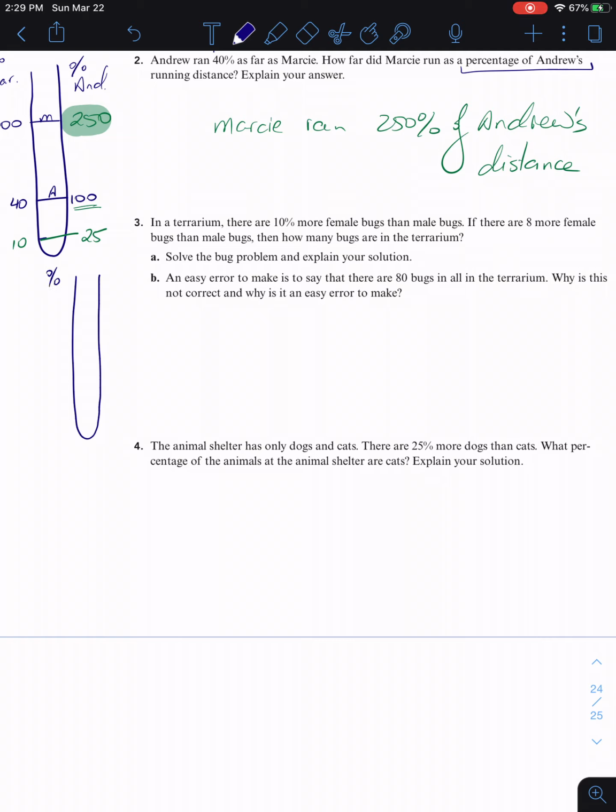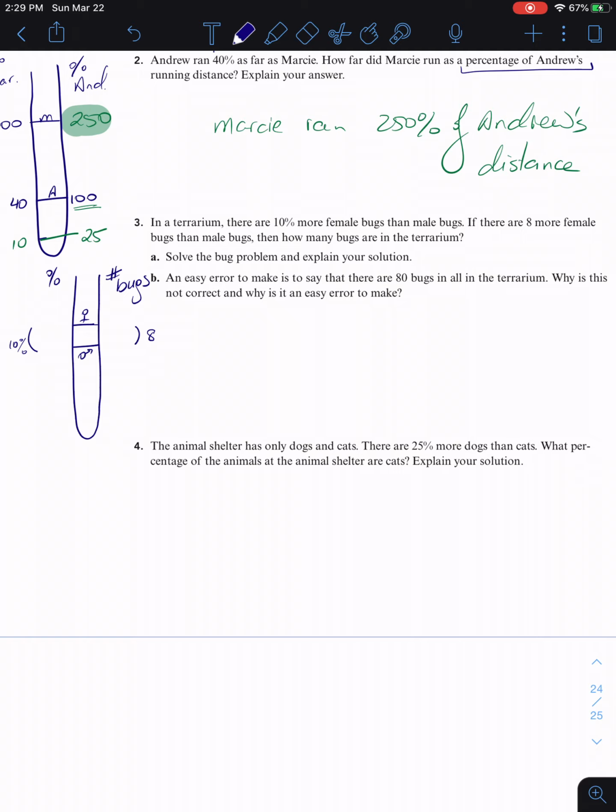So percent and number of bugs. So in the terrarium, there are 10% more female bugs than male bugs. So these are male bugs and these are female bugs, right? And the difference is 10%. And we're told that the difference is 8 bugs.